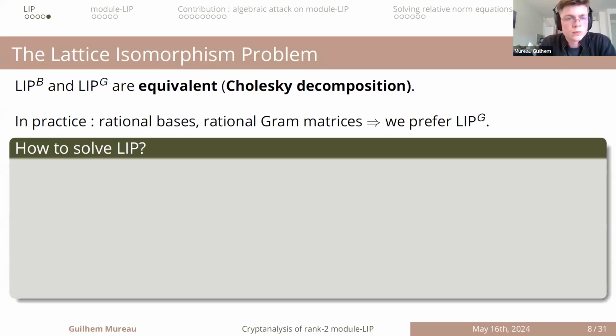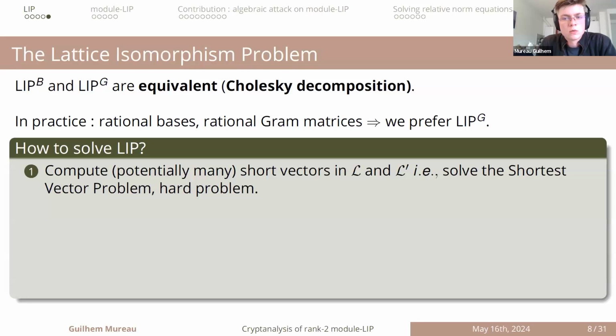How can we solve LEAP? Well, actually there are two algorithms for doing that, and the first step is common. First you have to compute many short vectors in the two lattices. That is, you must solve the SVP, shortest vector problem, which is well known to be a hard problem in lattice-based cryptography.